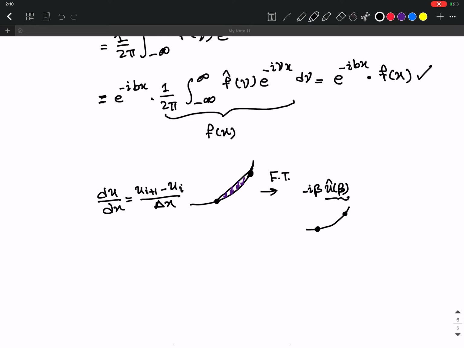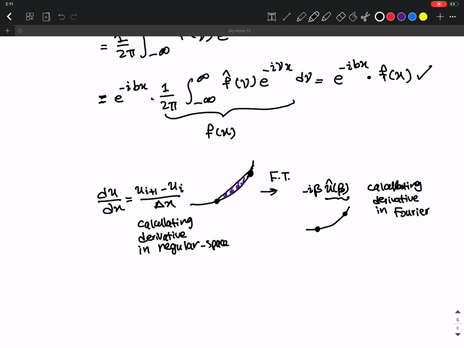So this is like calculating the derivative in regular space, and this is like calculating the derivative in Fourier space.